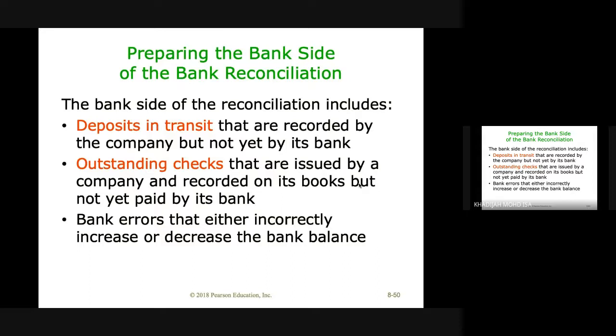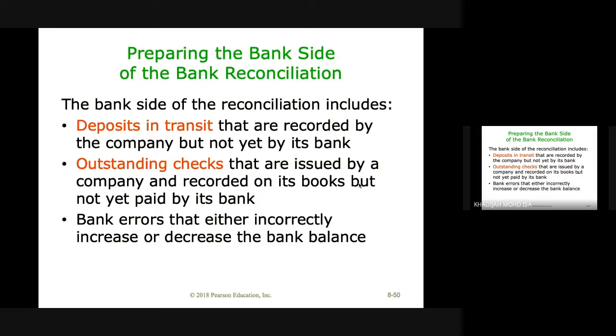But an outstanding check is when the company has issued the check, so they have credited their bank account. When they issue the check, they have to record that in their books, so they are going to credit the cash account. But the check issued to the supplier has not been brought in for cash out.